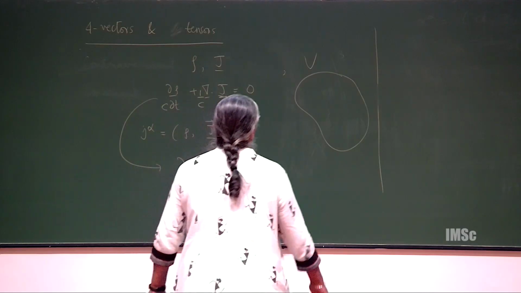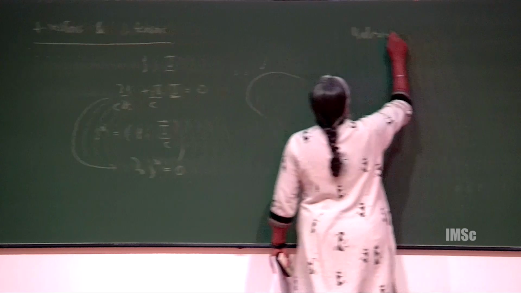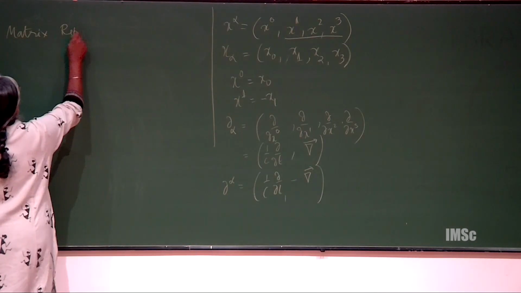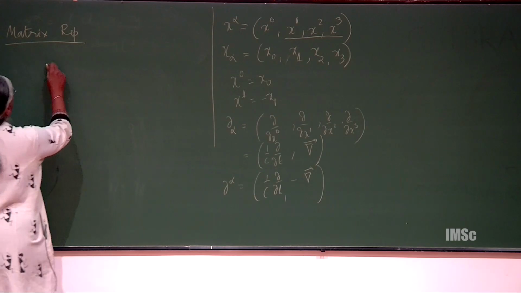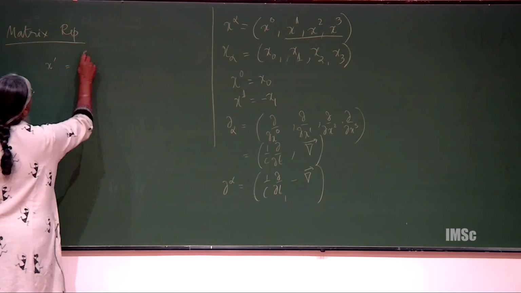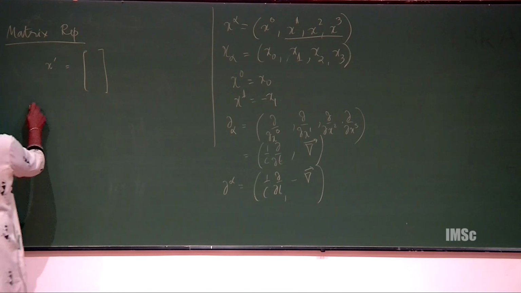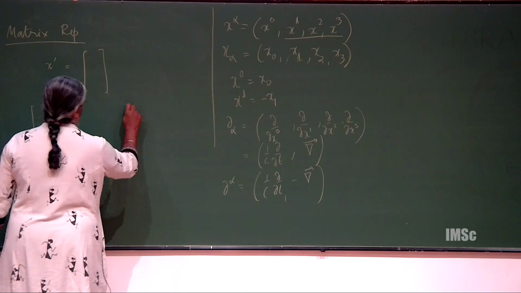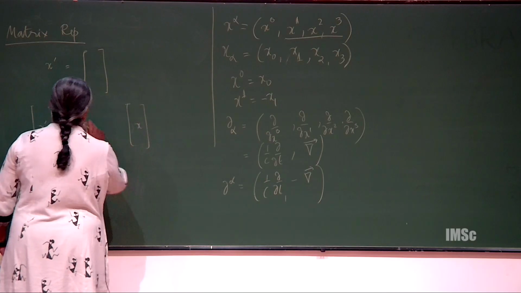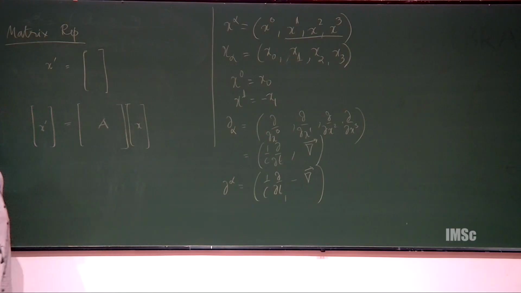So I can now think of a matrix representation where my x prime alpha is a 4 vector. So its x prime is this, and I can write x prime therefore is related to x through some matrix. This is your Lorentz transformation matrix.